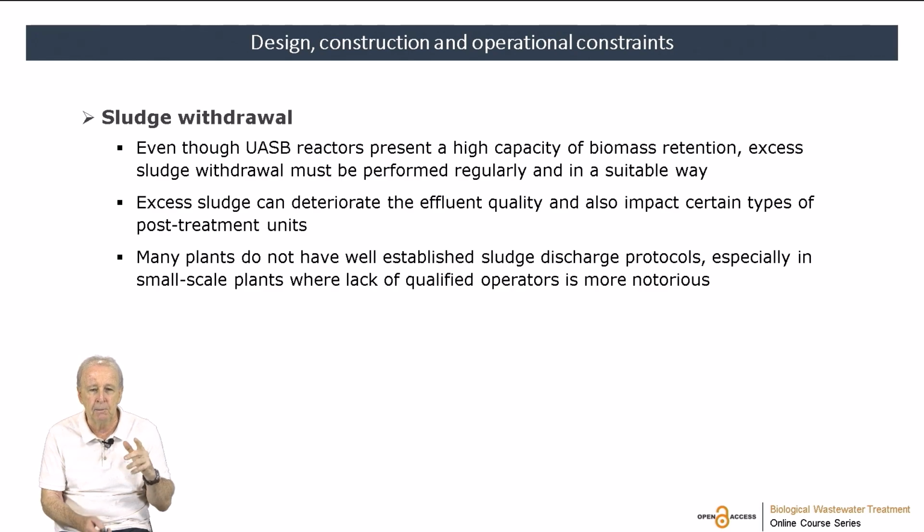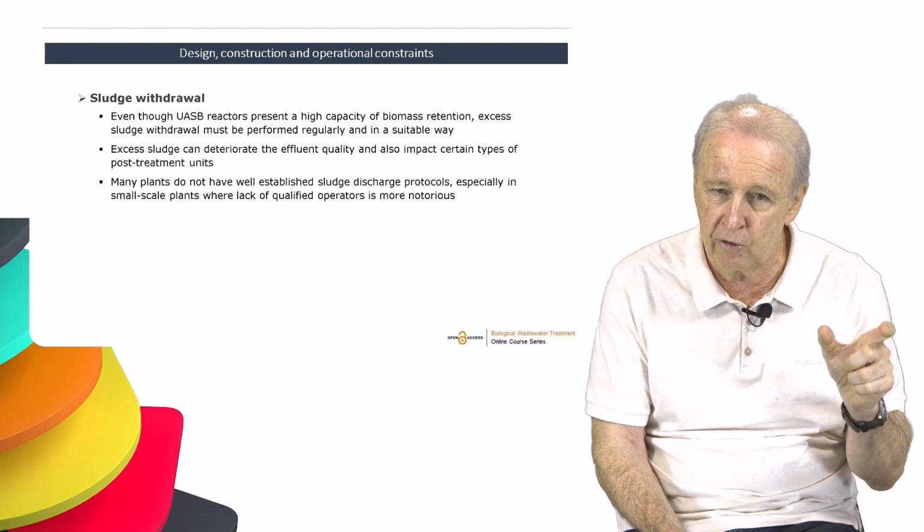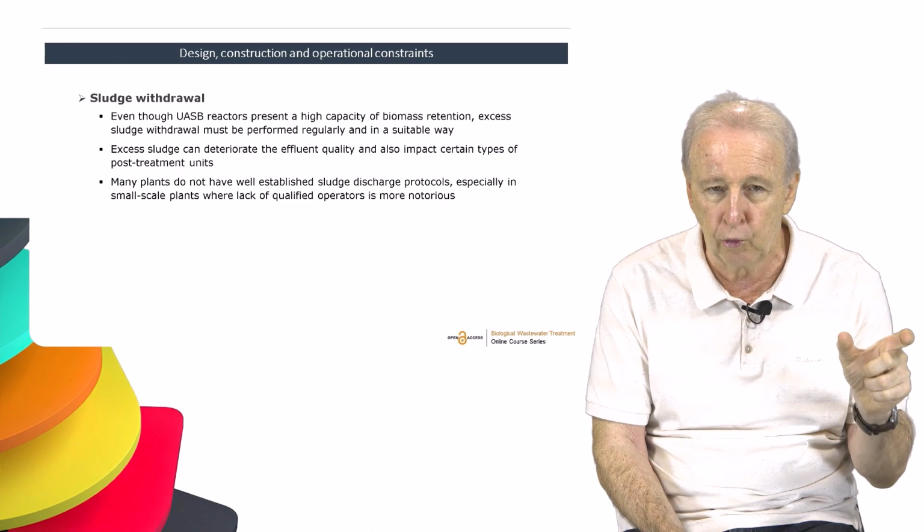Many plants also do not have well-established sludge discharge protocols, especially the small ones, where there is a lack of operators in general. So it's important to have dedicated, appropriate dehydration equipment or solution.